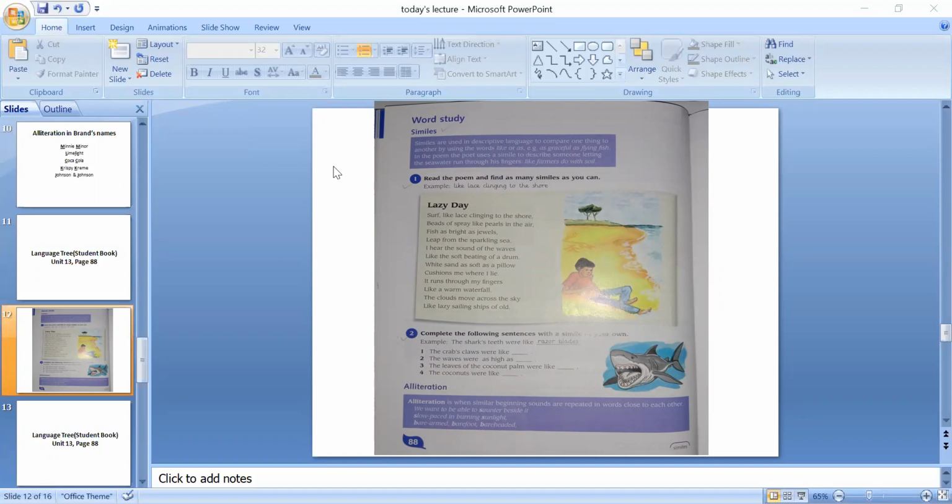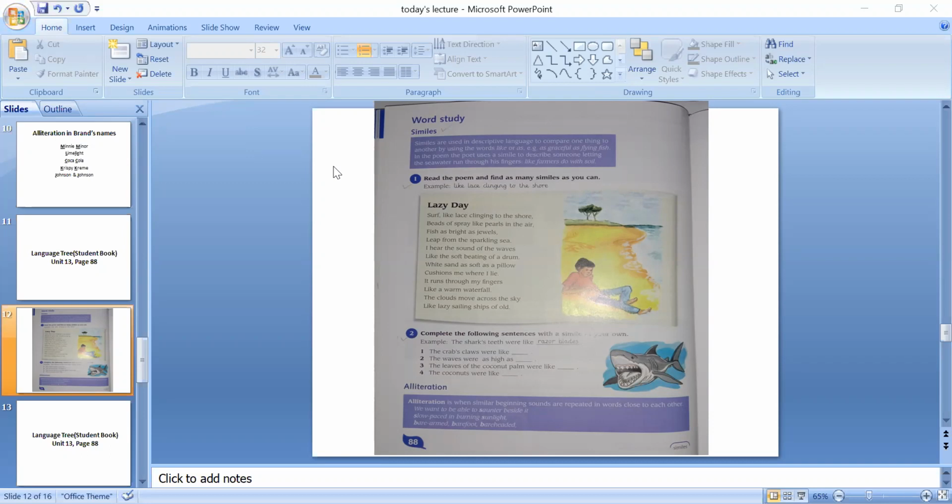Are you thinking, beta? Okay, I'm going to tell you, spine. S-P-I-N-E. Yashad, I'm watching you, beta. Write in the third blank: the leaves of the coconut palm were like spine.